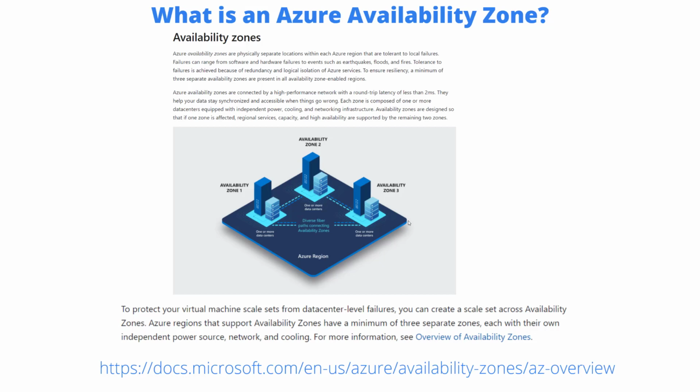There's some distance between them that helps deal with environmental situations where, for example, there's a power outage to one of those facilities, or a network connection that's been severed by accident. And so this allows us to have some redundancy within a region itself.